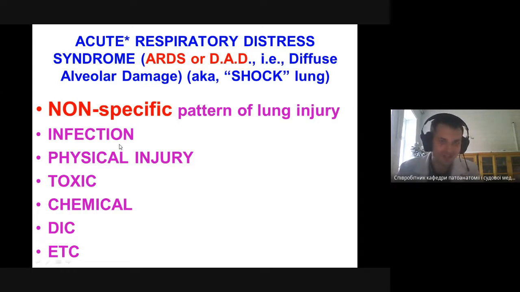So infections in pneumonia, physical injury with radiation, toxic with toxins from somewhere, especially from air, chemical with drugs, DIC, disseminated intravascular coagulation, and this one is the most interesting, etc. The list is too long, and they have written etc., and so on.